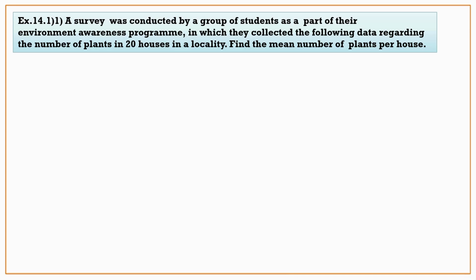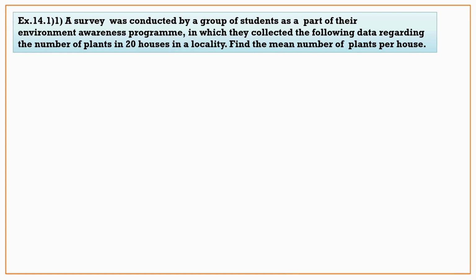So now let's solve some problems, then you will understand how to get the mean using those steps. The first question is: a survey was conducted by a group of students as a part of their environment awareness program, in which they collected the following data regarding the number of plants in 20 houses in a locality.